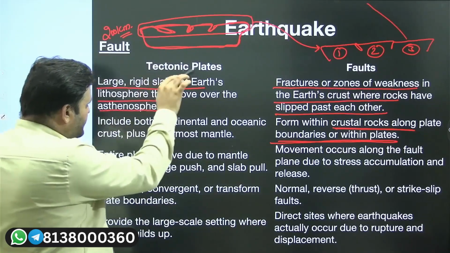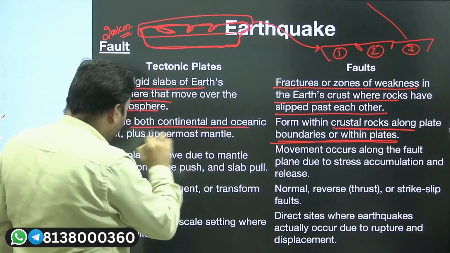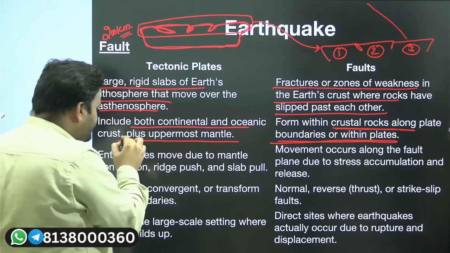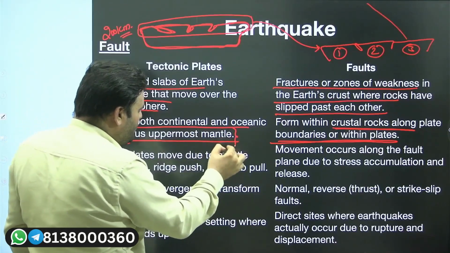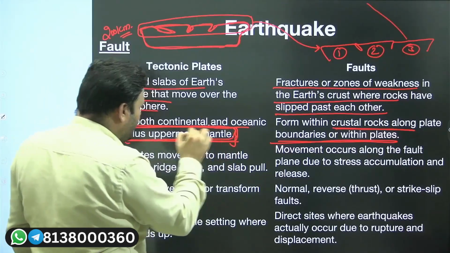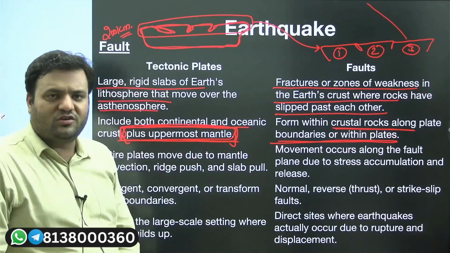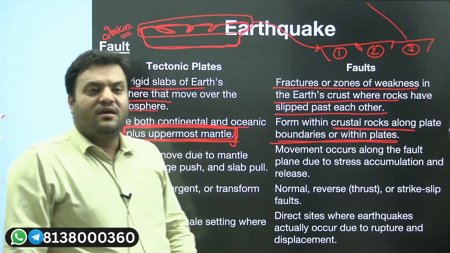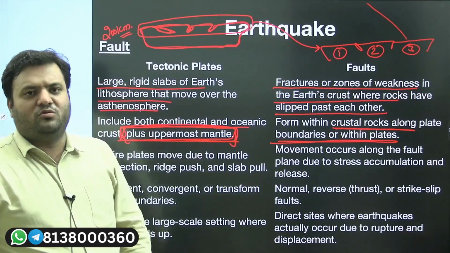So tectonic plates include both continental plate and oceanic plate. And these plates also include what? Uppermost mantle. I hope you remember lithosphere comprises crust as well as uppermost mantle.